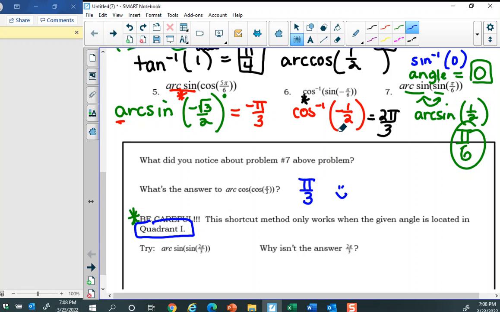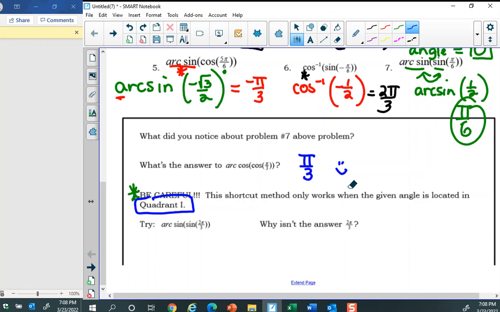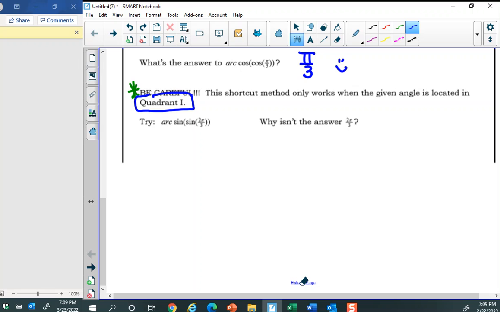If you're in another quadrant, you're going to potentially start bringing in negatives, and it's going to change how you have to talk about the problem. For example, this arcsine of sine of 2 pi over 3, if I follow the rules, this would be the arcsine of the sine of 2 pi over 3.